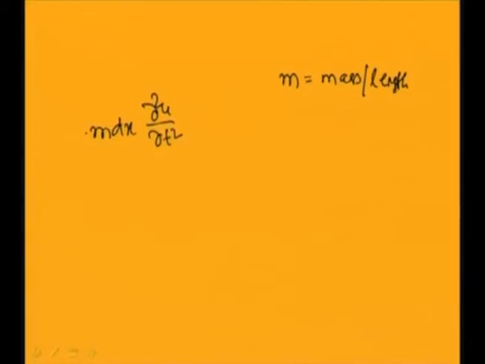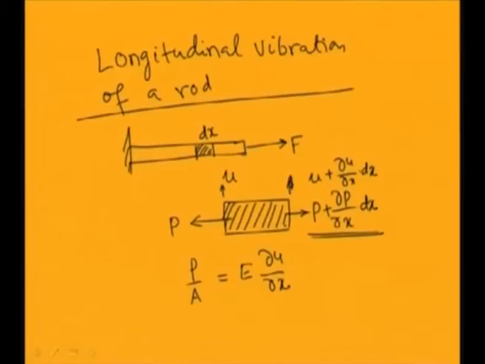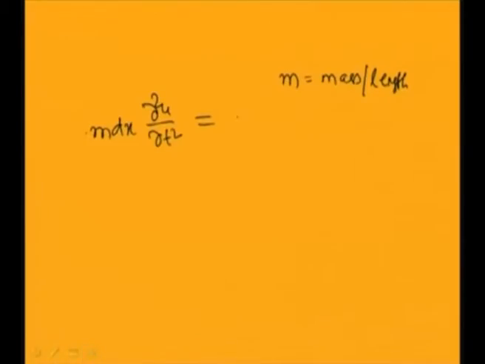This is mass into acceleration, that is the force. This will be equal to the net force acting on the system, which is P plus del P by del x into dx minus P, so this equals del P by del x into dx.